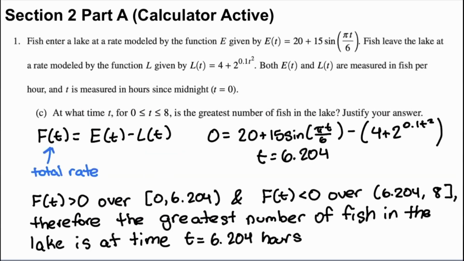So I guess you could technically say that t equals 6.204 is something like 6 a.m. But I feel like it's much safer to just state the t value instead of trying to find what it corresponds to in the context of the problem, as the College Board will accept both answers.